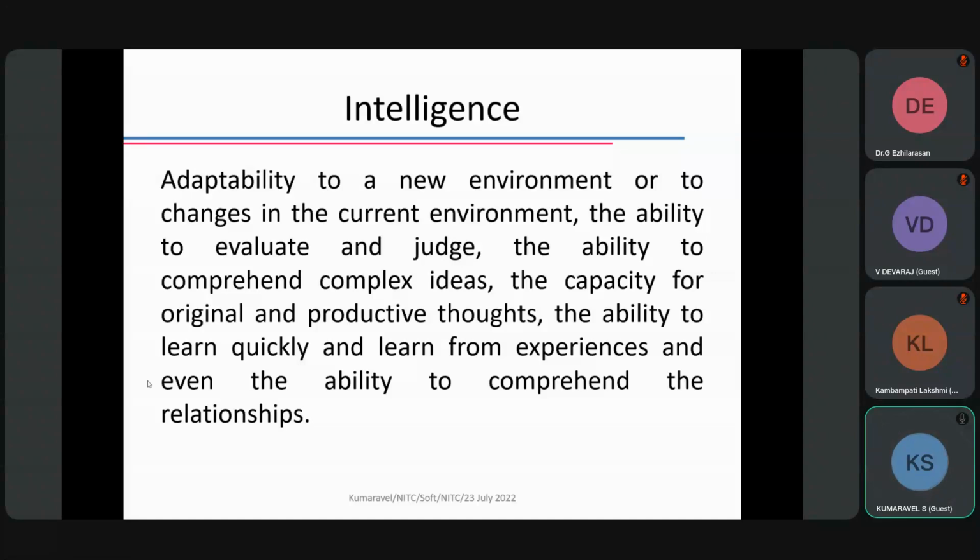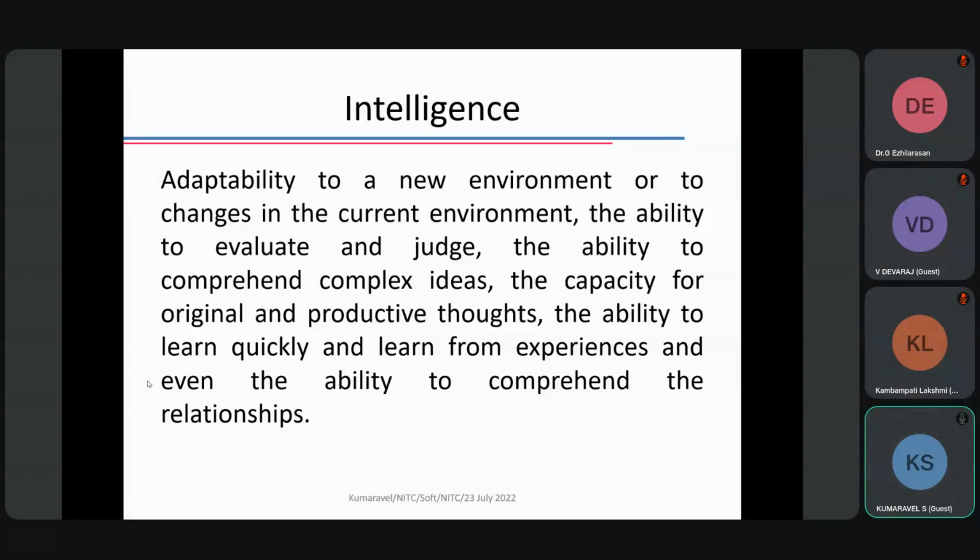There is a big transition, right? So adaptability is the first and foremost characteristic of intelligence. That's why we are called very smart, no? Otherwise, how do you survive in life? So we are very smart.